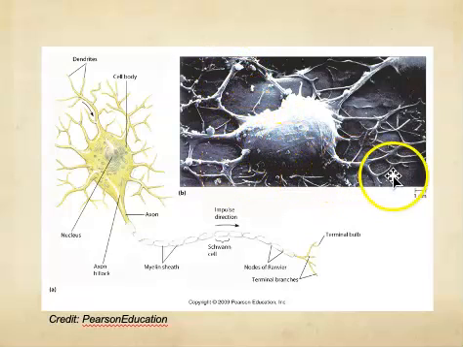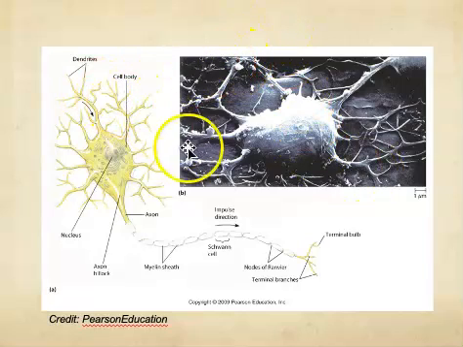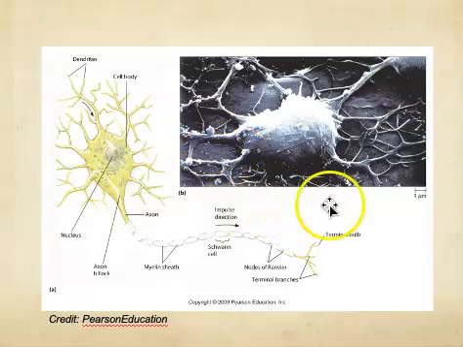Now you can't see other cells in this particular shot, but there are other nerve cell bodies or neuron cell bodies that are just outside of our view that this neuron is communicating with. I can't tell you for sure, but this is most likely the axon right here, traveling off to communicate with another cell.